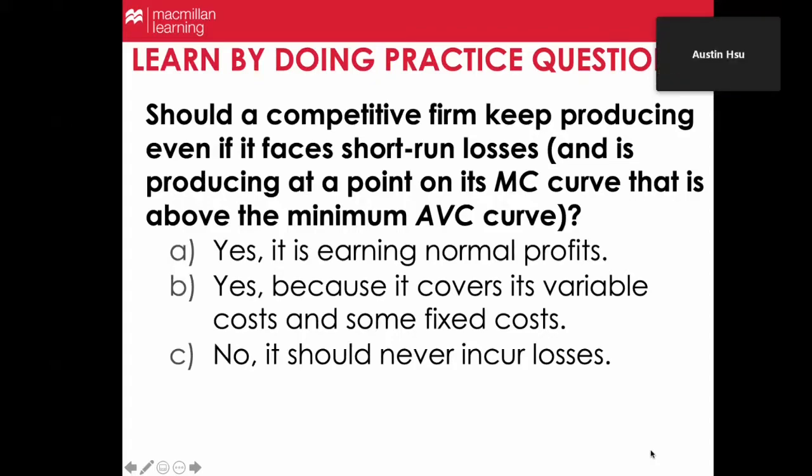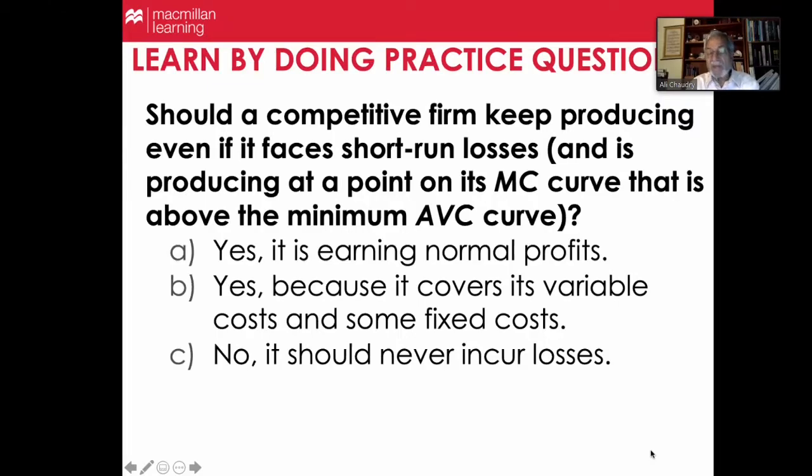Should a competitive firm keep producing, should it stay in business even if it faces short-run losses and is producing at a point on its marginal cost curve above the minimum average variable cost? So it says that as long as you are covering your minimum average variable cost, you can stay in business because you are covering your variable cost and some of the fixed cost.